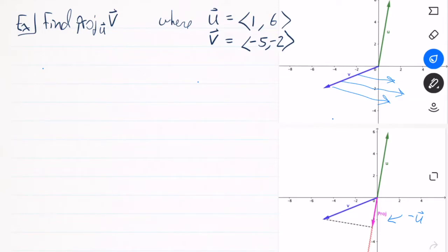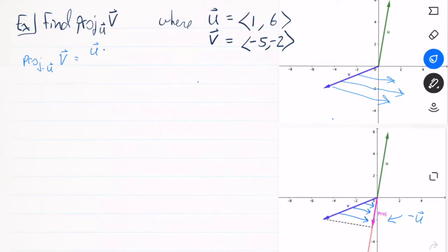And now when I do my shadow, it has some place to land, and this projection is formed along that opposite extension of u. So when I find this projection, it's going to be this little pink vector down there in the third quadrant.